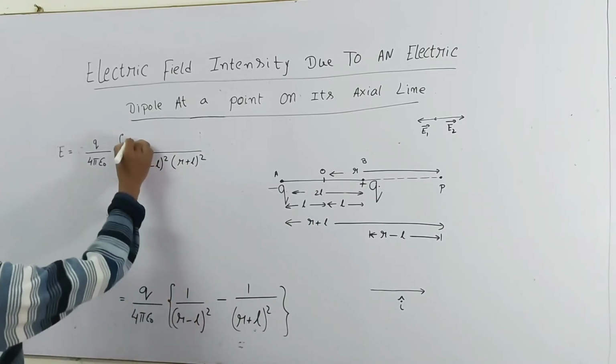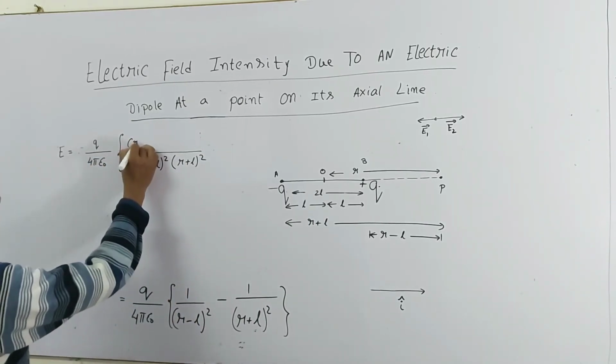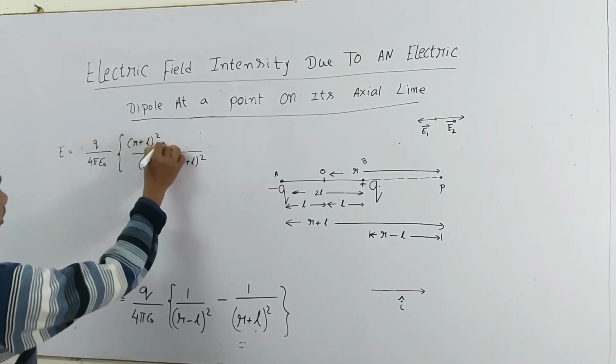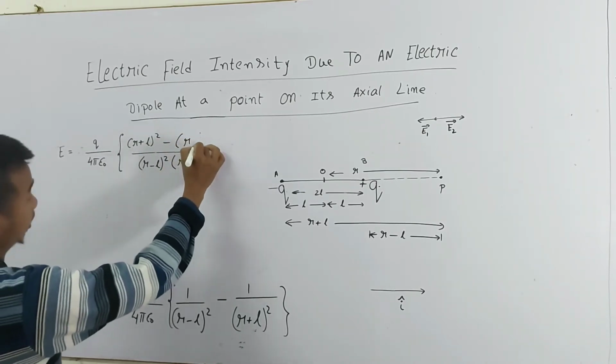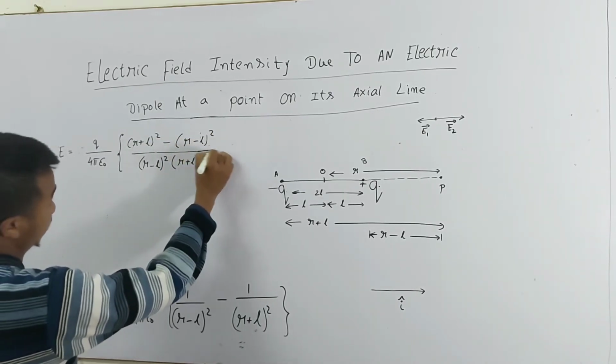Taking this to the side, it becomes (R plus L) whole square minus (R minus L) whole square.